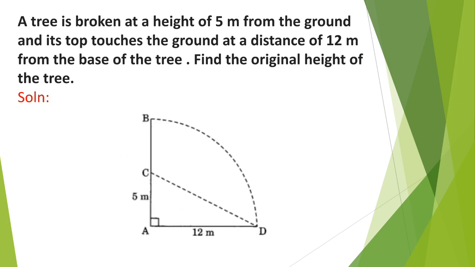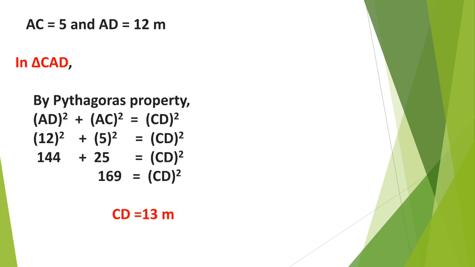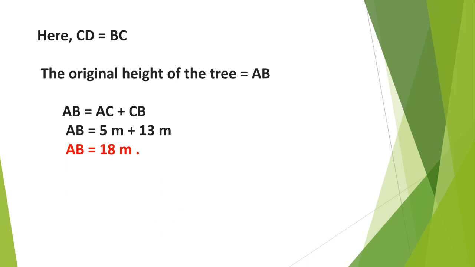What is the original height? AB. In that AB, one part is the broken piece BC, then the remaining AC. AC and BC, if we add, we get 5 plus 13, 18 meter. This is the original height of the tree.